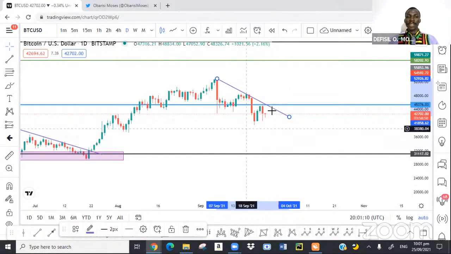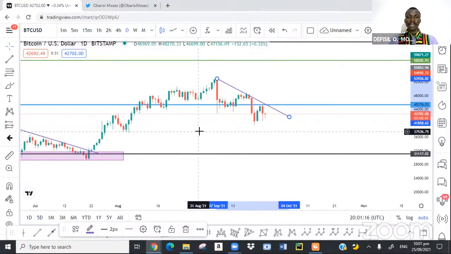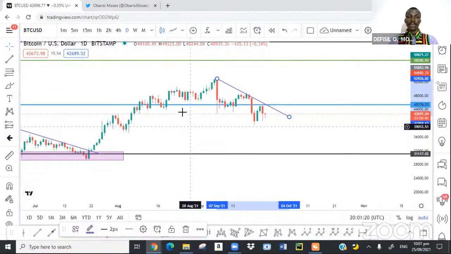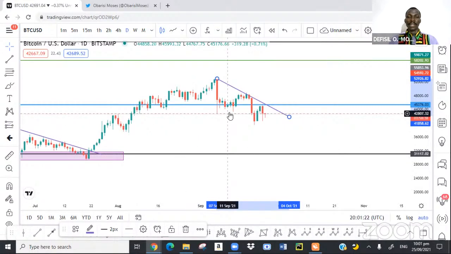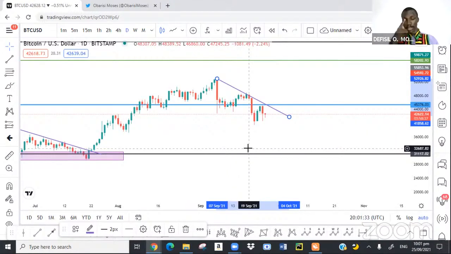And if we sell on this market, we will consider this level as our target, because this is where we are looking at our selling. Consider this level as our target, or the level of 32 or 30 probably as our next target.